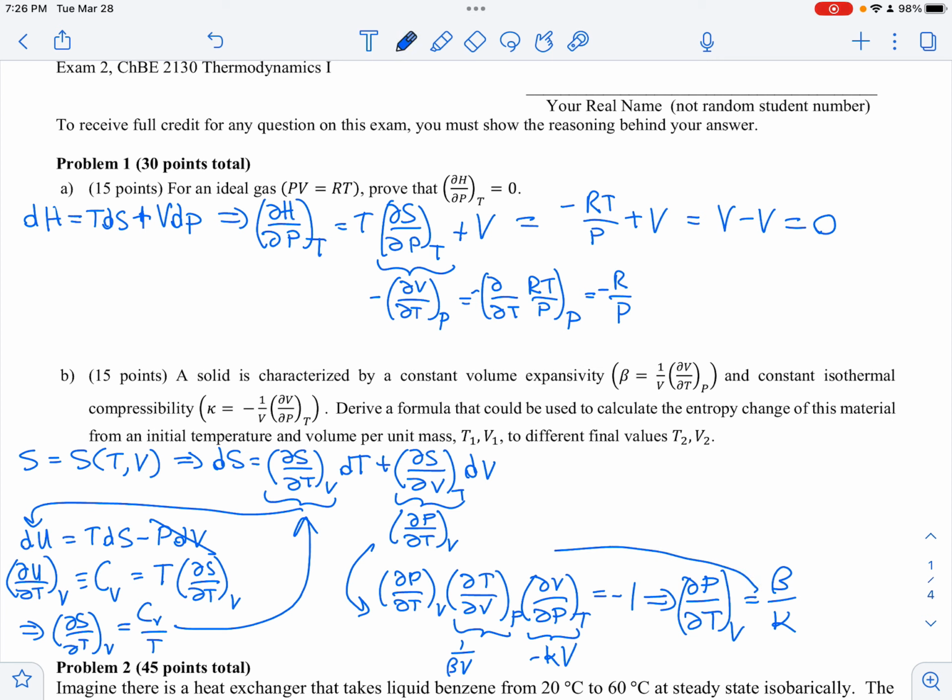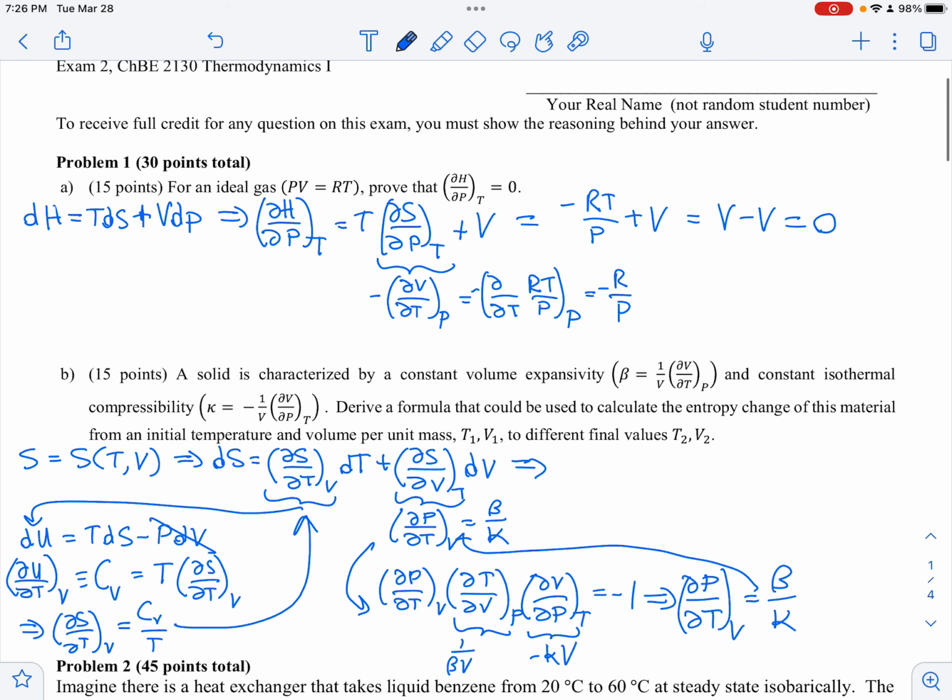And this you can now relate here. This is equal to beta over kappa. And so we now have something that we can integrate. That means that dS is going to equal CV over T dT plus beta over kappa dV.